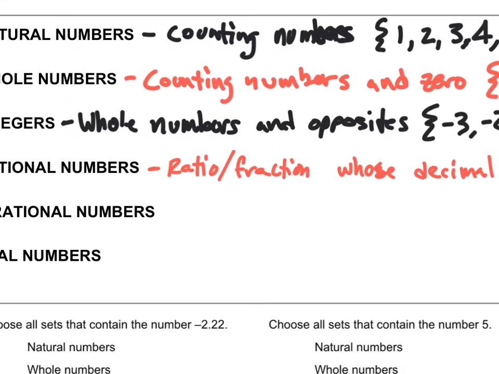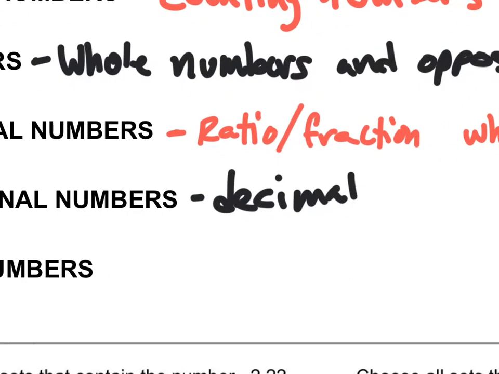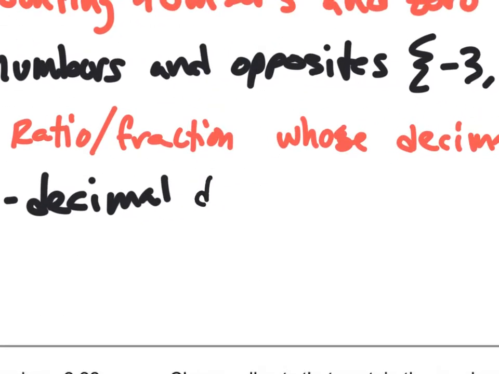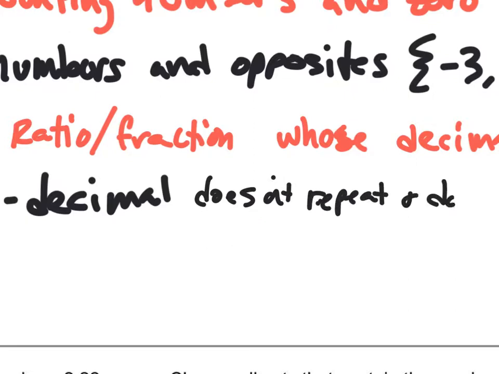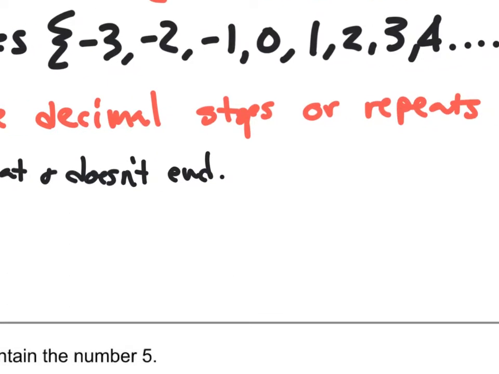So irrational means that the decimal doesn't repeat and doesn't end. An example of this would be pi.